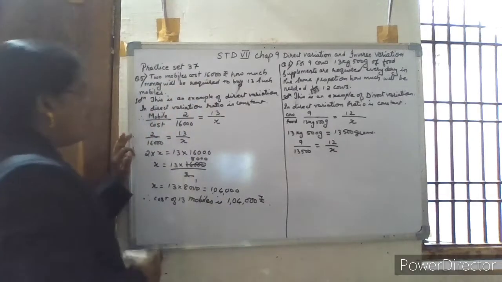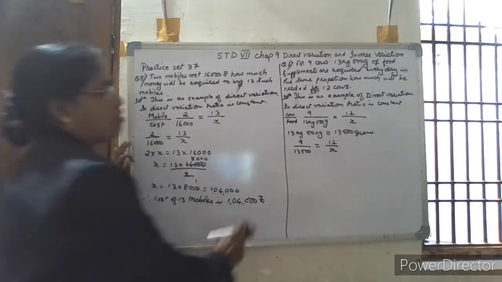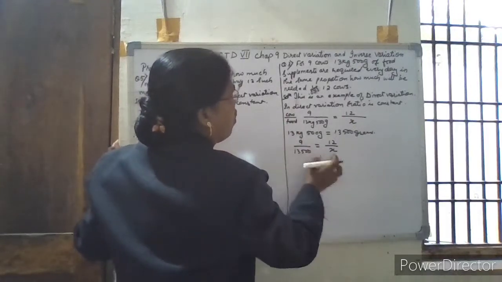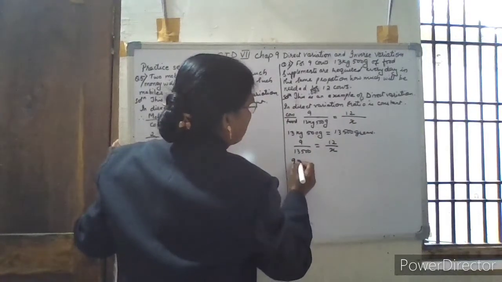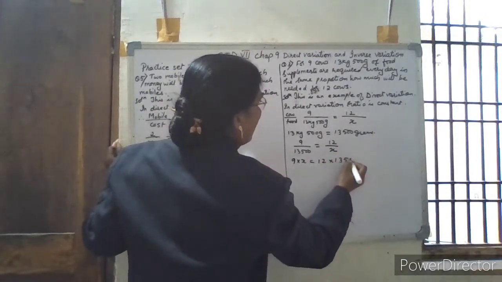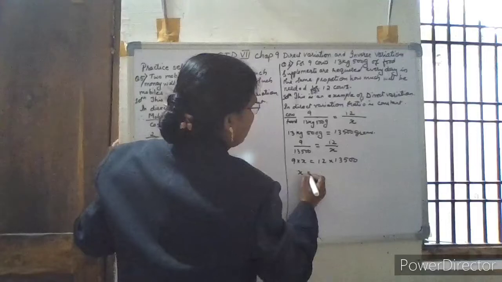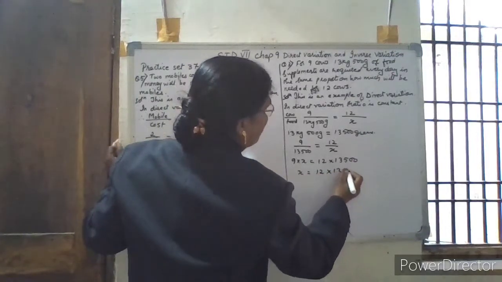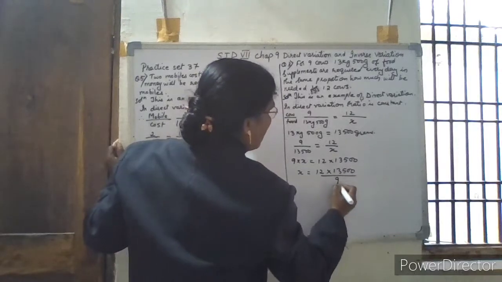As we solved the earlier one by cross product, in the same manner we will solve this one by cross product. So cross multiply: 9 into X is equal to 12 into 13,500. So X is equal to 12 into 13,500 divided by 9.